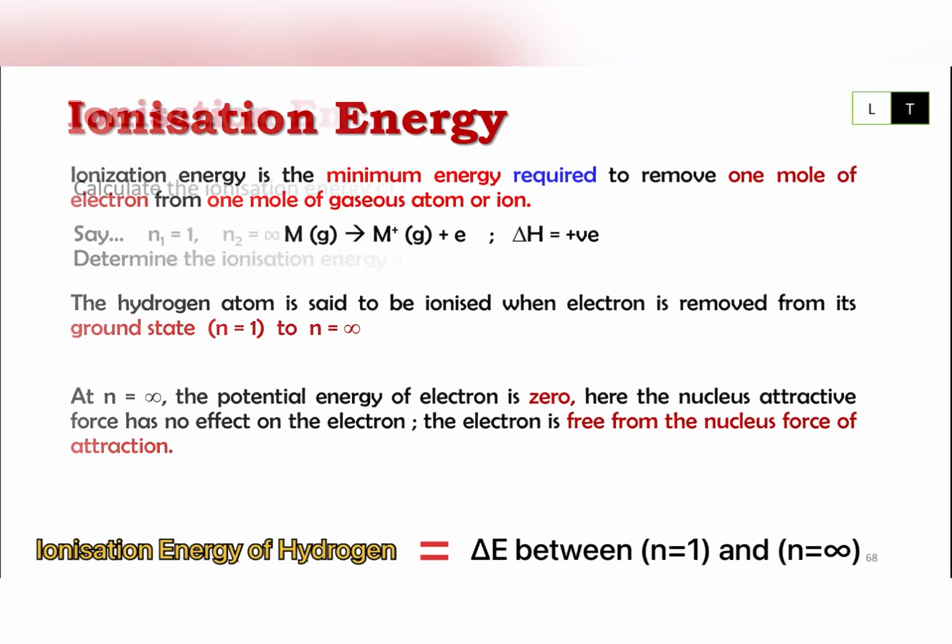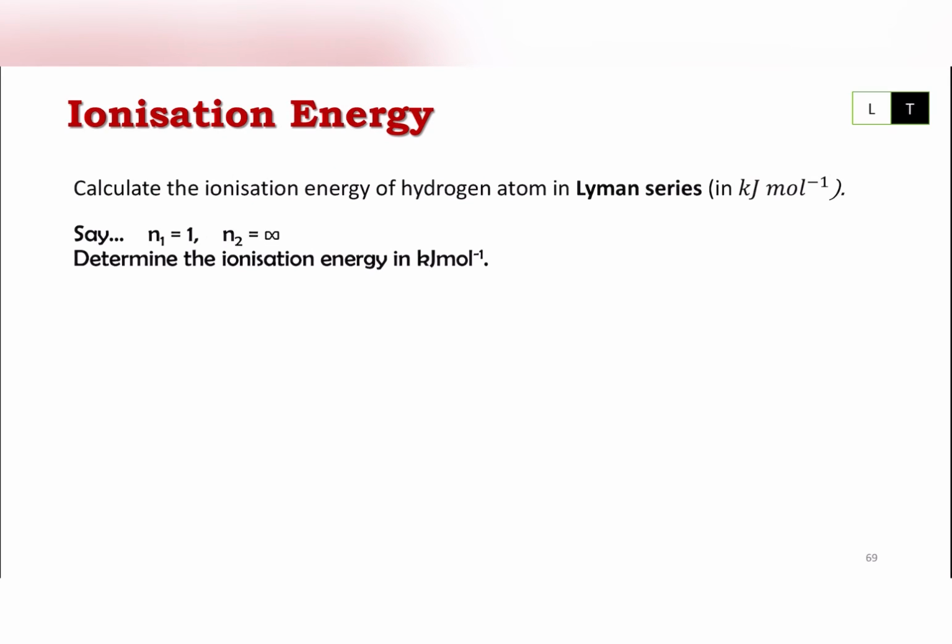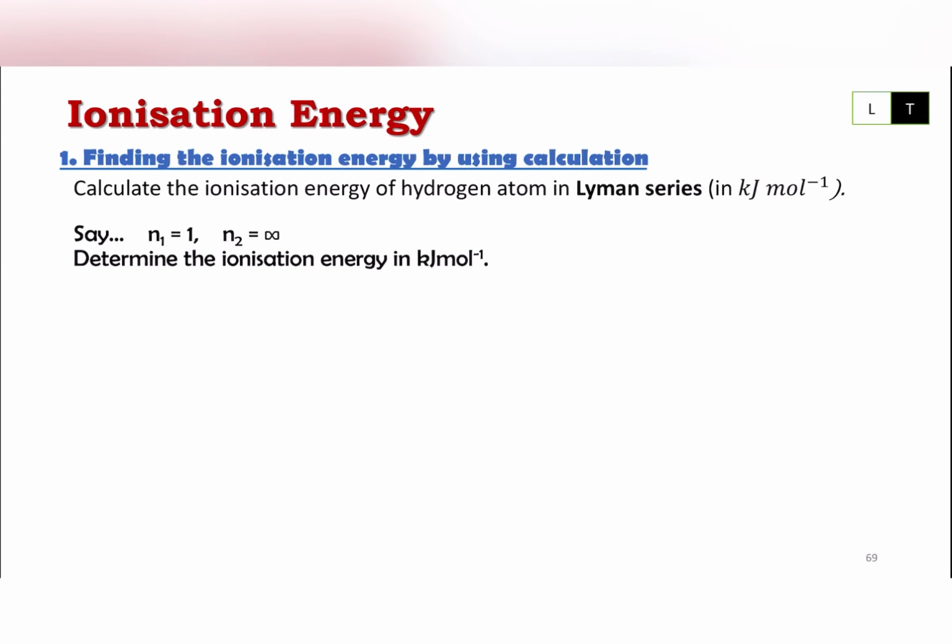So let's go to the part where I want to find the ionization energy using calculation, based on the concept that I taught you before. We are going to determine the ionization energy for the hydrogen atom in the Lyman series based on n initial and n final. Let's say that our n1 equals 1 and n2 equals infinity, and you have to determine the ionization energy in kilojoule per mole.